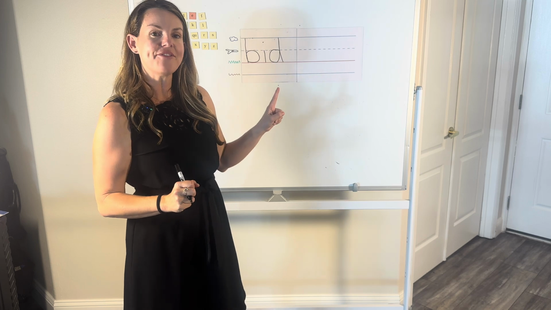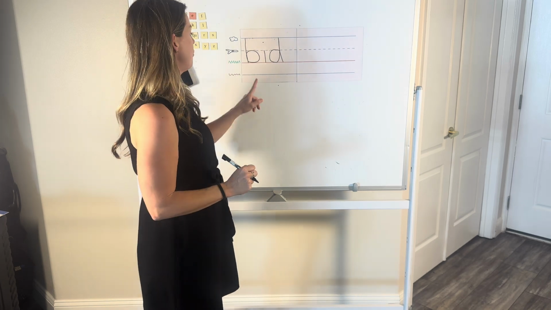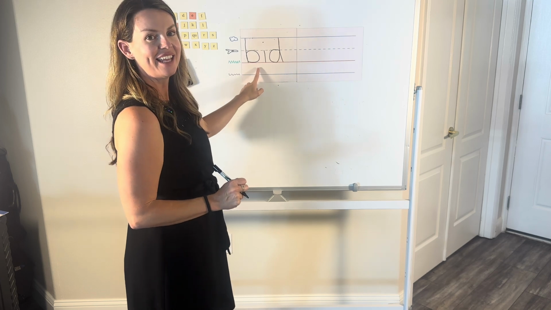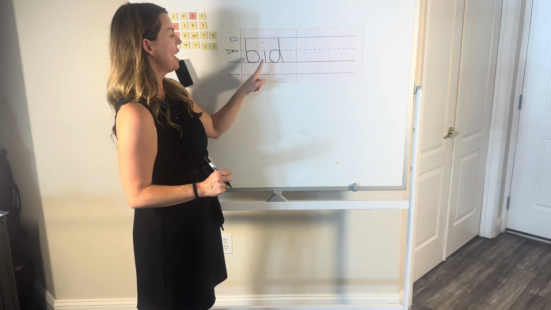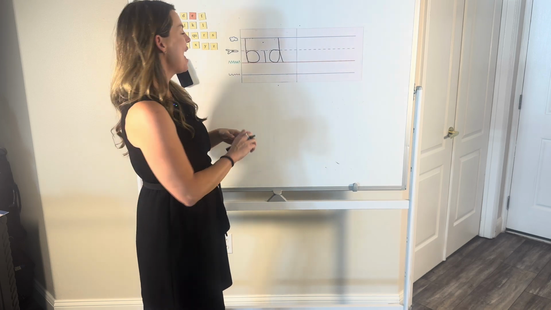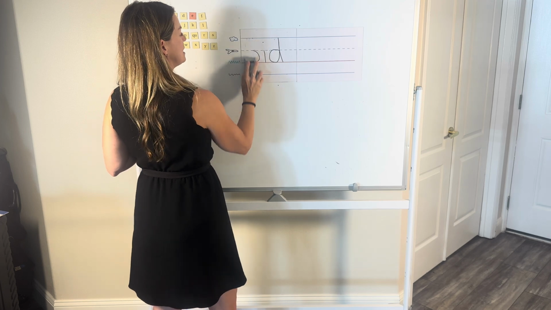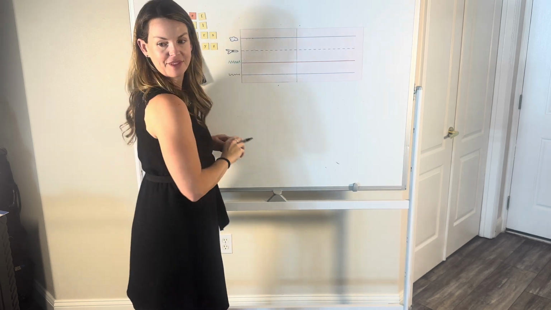Now slide your finger underneath your letters to blend the sounds together. B, I, bid, bid, bid. Excellent job.